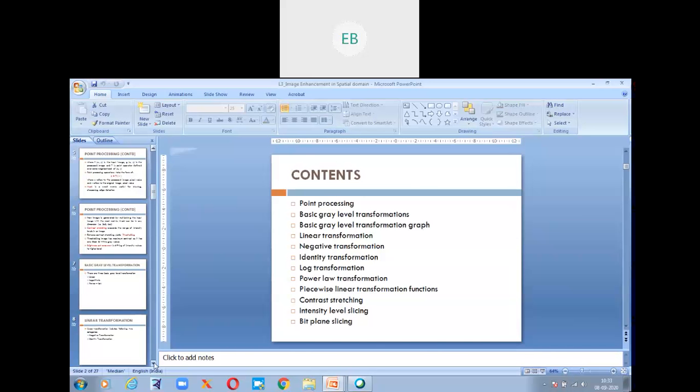Small r is the intensity level of the input image, and small s is for the output image, okay? And capital L is the maximum gray level value, okay? Okay, then what is log transformation?